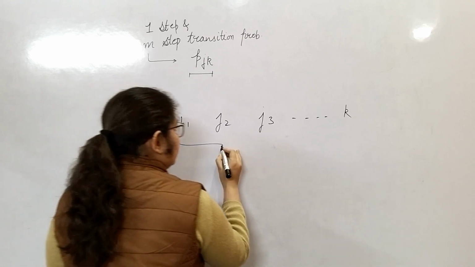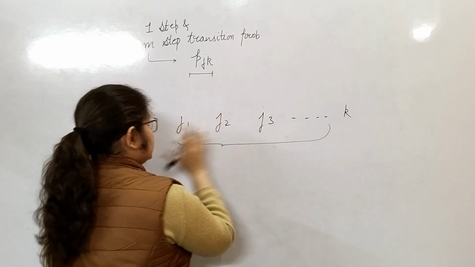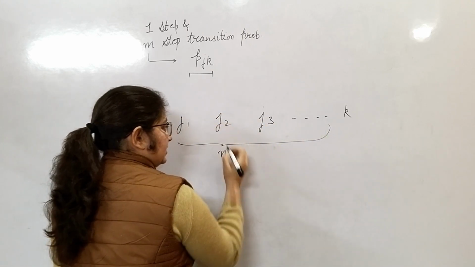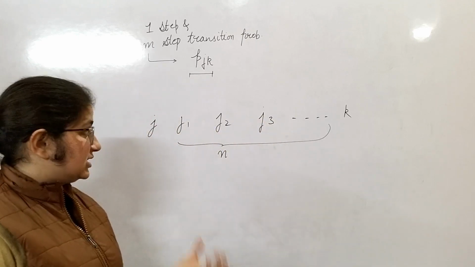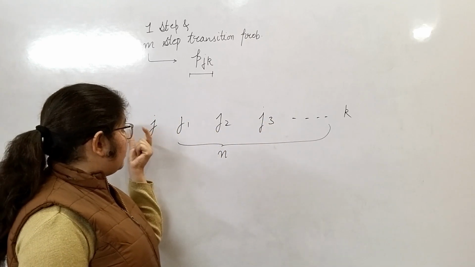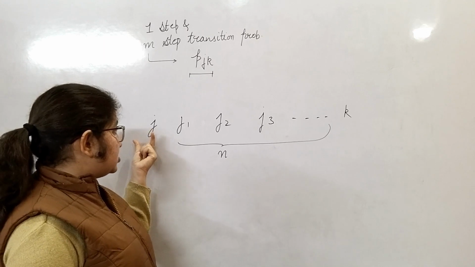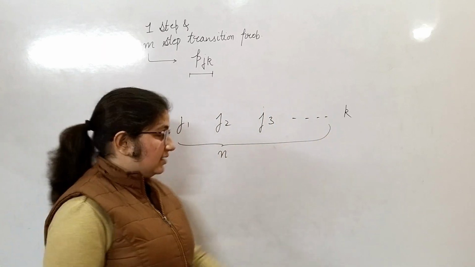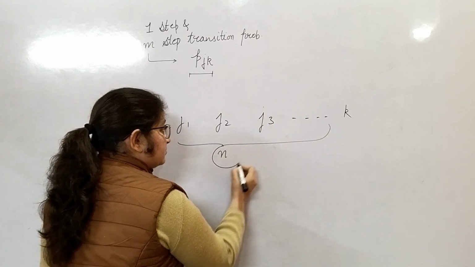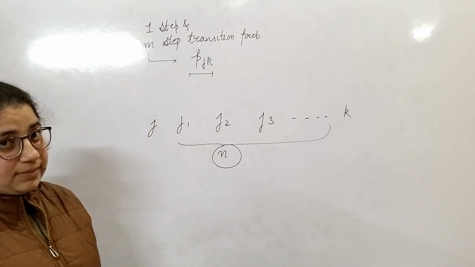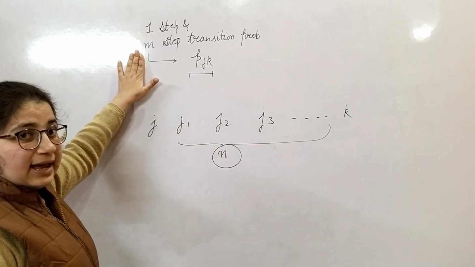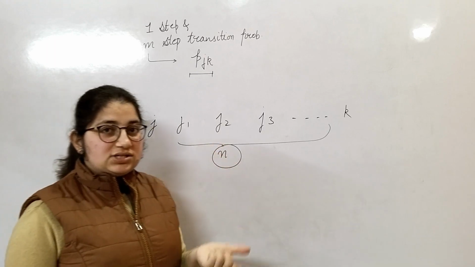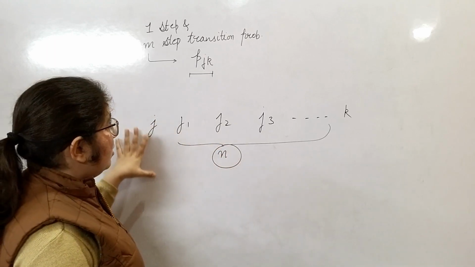Suppose in between these two, j and k, we have n other states. So the probability that from state j to state k is called n step transition probability. Here we are taking m steps, so it is called m step transition probability. This is the meaning of this thing.